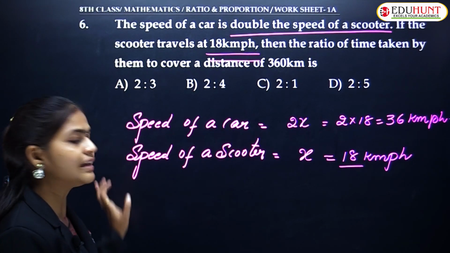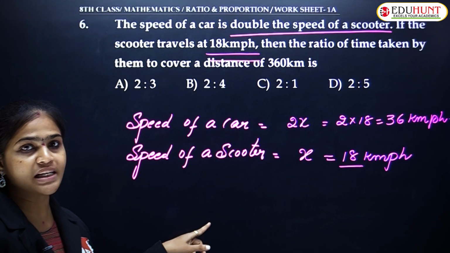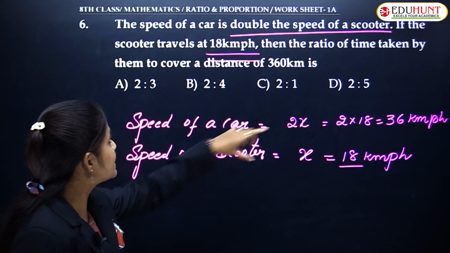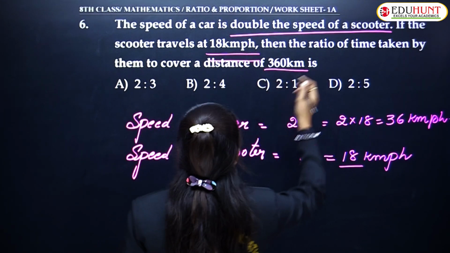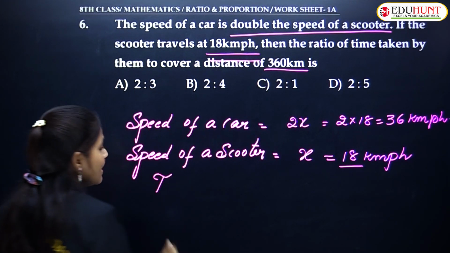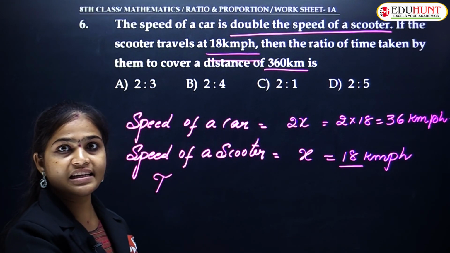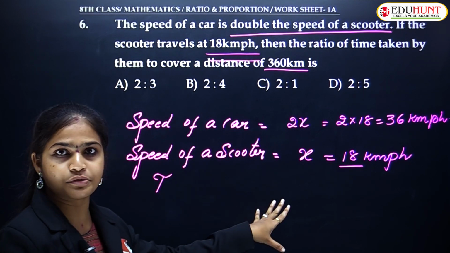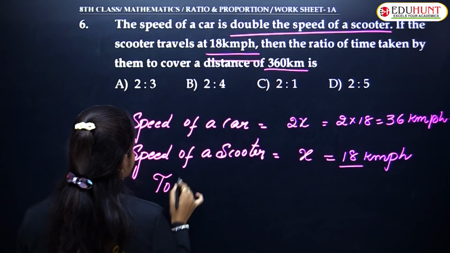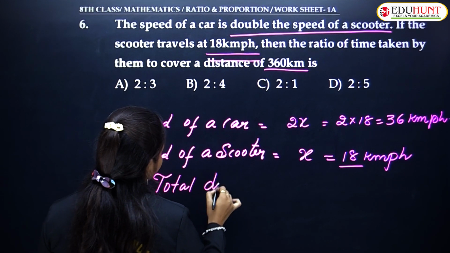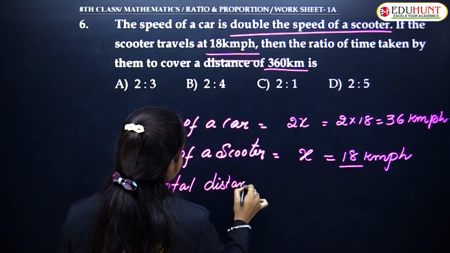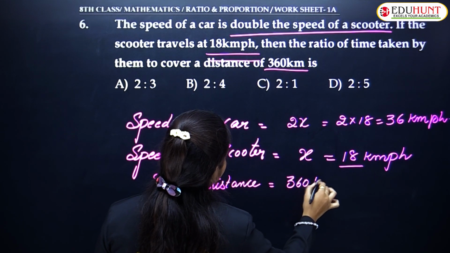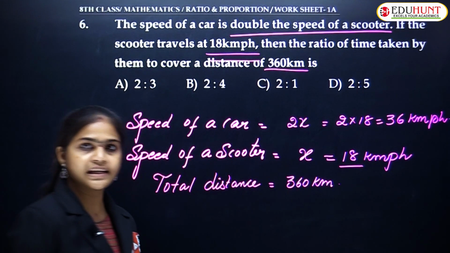This is the given information, and one more piece of information is given. The total distance is 360 kilometers, covered by the scooter as well as by the car.